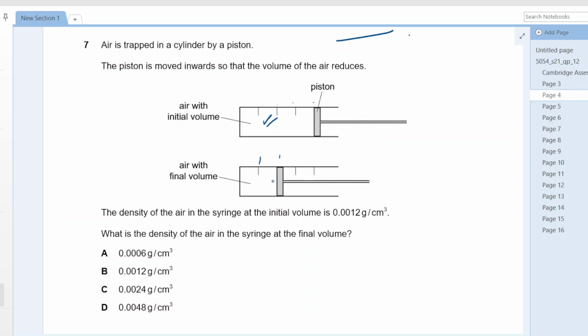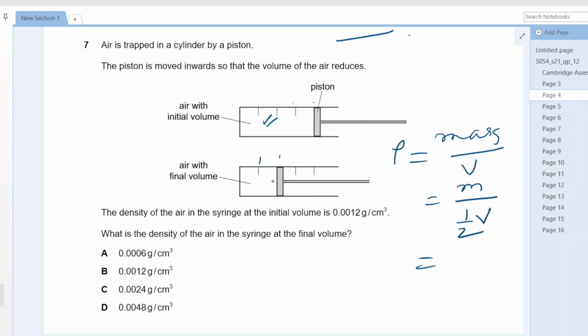In this case, the density equals mass by volume, and the mass is m and the volume is half v.